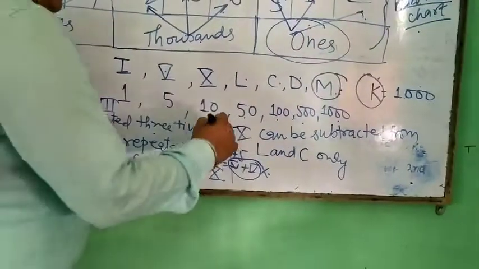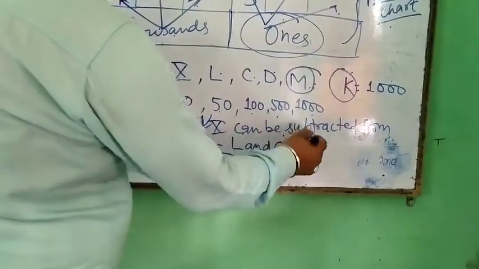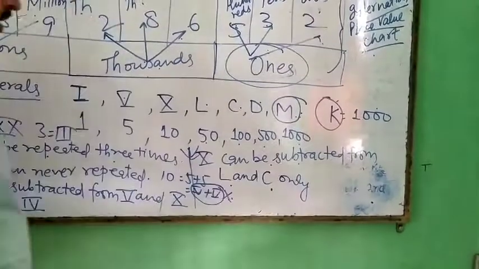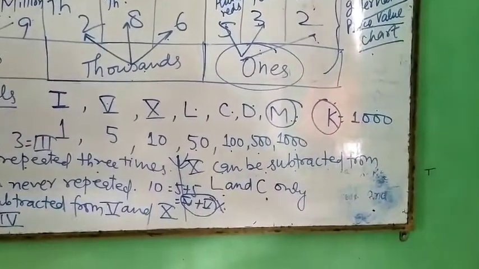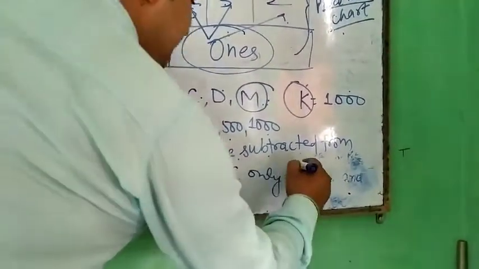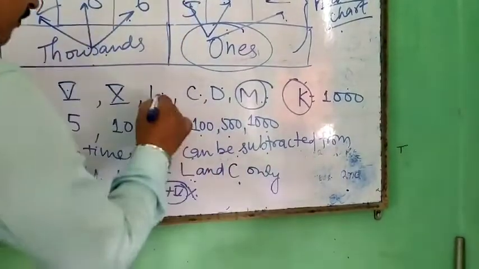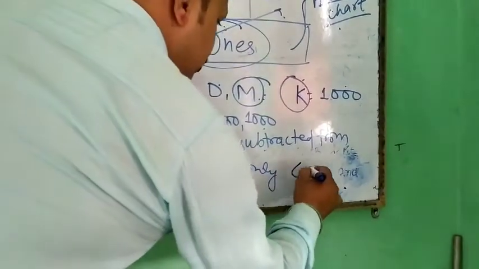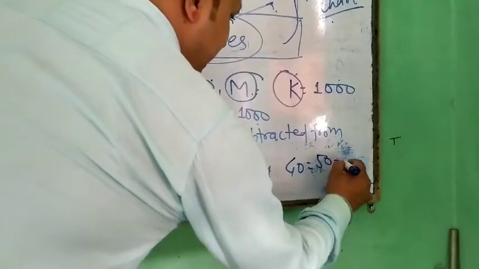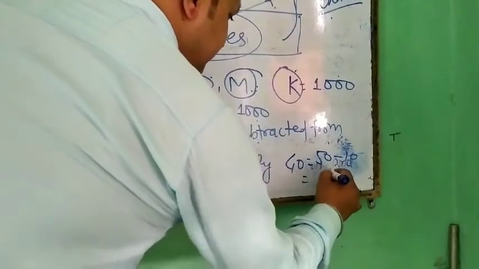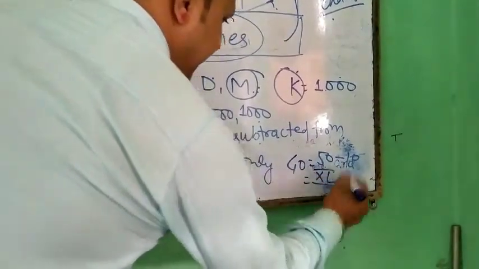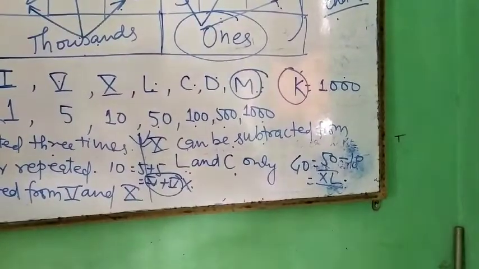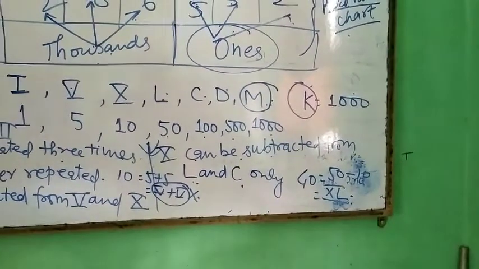One thing more: X can be subtracted from L and C only. For example, L equals 50. That means 40 should be written as 50 minus 10, that means L minus X, XL. That is the value of 40.